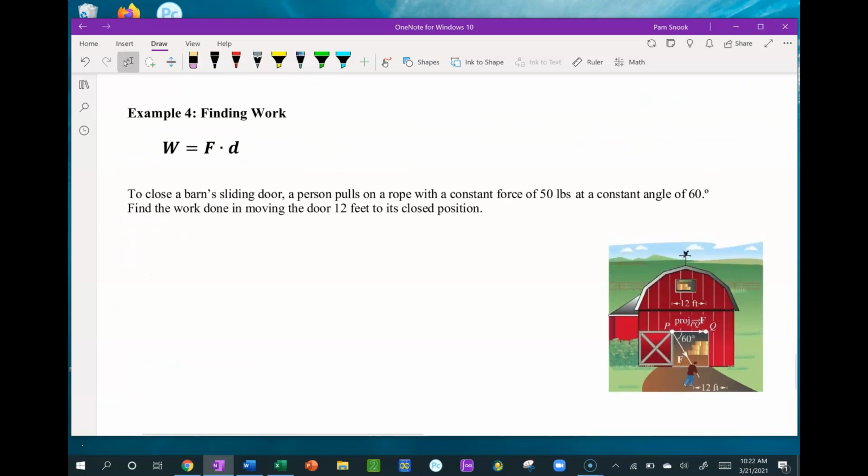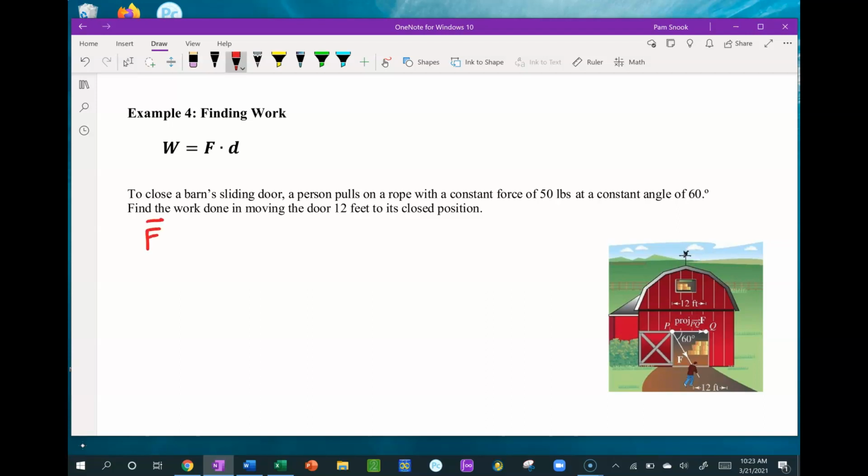The last idea we're going to do is we're going to find work. Now that is a concept in physics and engineering, and the work that you do is defined as the force you apply dotted with the direction that you're applying that force. So for here we have a barn door, and to close that barn door, a person is using a rope, and they're applying a constant force of 50 pounds at a constant angle of 60 degrees.